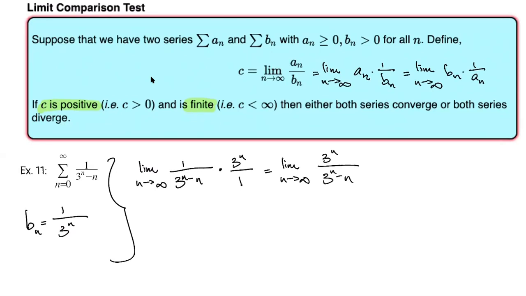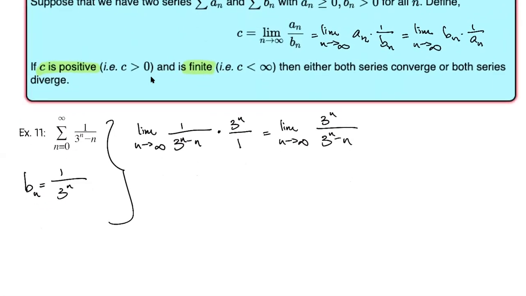Now, it doesn't really matter here. I did this problem the other way. So I had the b sub n on the top and the a sub n on the bottom. But I'll show you why I chose to do that. But ultimately, your answers will be the same. So I had my 1 over 3 to the n, that's my b sub n, times 1 over a sub n, so 3 to the n minus n over 1.